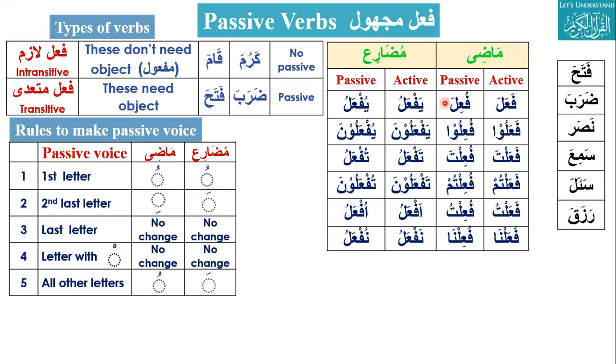Safi, can you do Daraba? Duriba, Duribu, Duribta, Duribtum, Duribtu, Duribna. Yudrabu, Yudrabuna, Tudrabu, Tudrabuna, Udrabu, Nudrabu. Very good. Nudrabu means we are hit, or we will be hit.